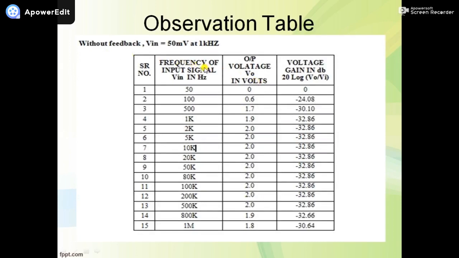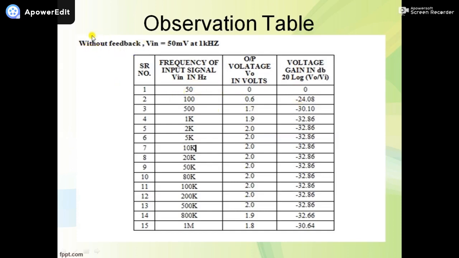Hello friends, now in this second video of common emitter voltage amplifier with and without feedback system, I am going to explain about the observation table, means how we are taking the readings of input signal frequency, output voltage, and voltage gain.